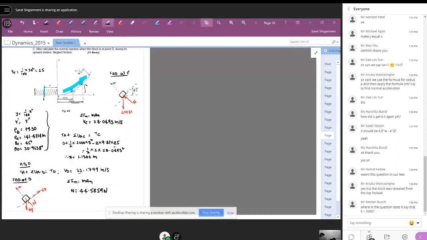Mr. Bastian Bosch, that 2000 Newton per meter was not given by mistake, and it was announced in the exam halls by me in 2015, probably October or November.